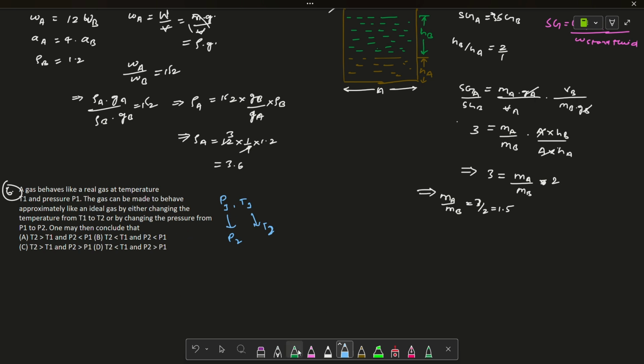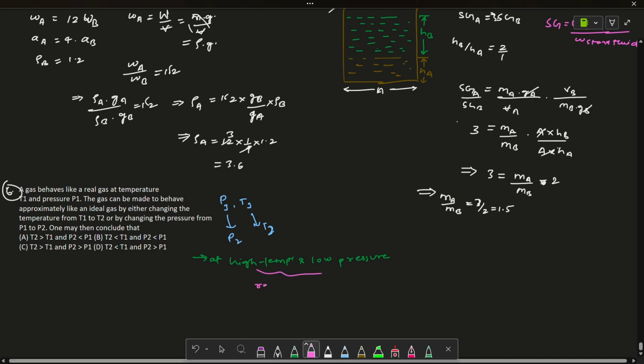Okay, so we will go with the concept that we have studied, that for any fluid at high temperature and low pressure, we can approximate a real gas to an ideal gas, right? We know that.